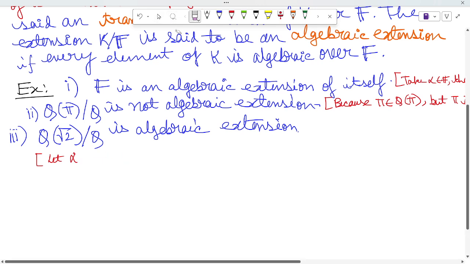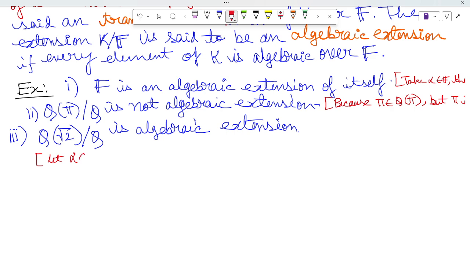So let first alpha belong to Q(root 2). Then alpha will look like a plus b square root 2, where a and b are elements of Q.